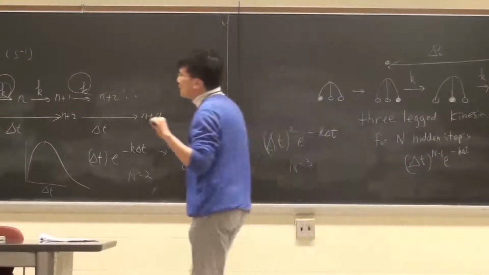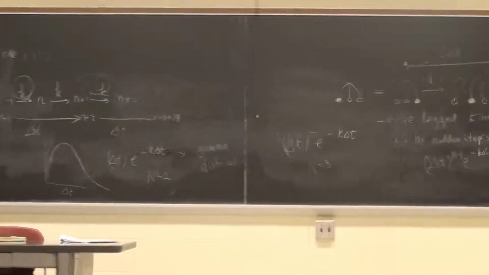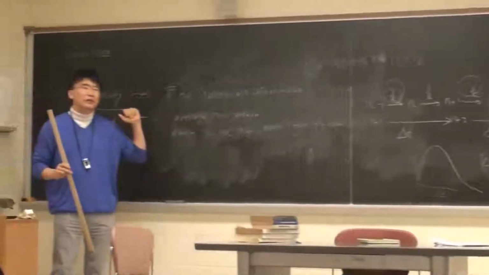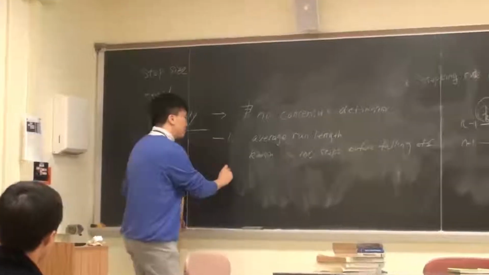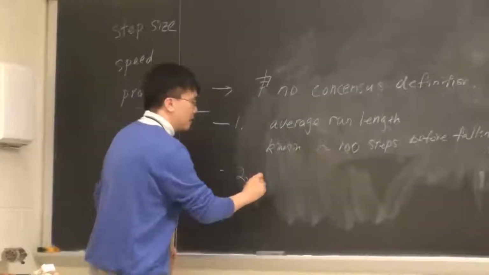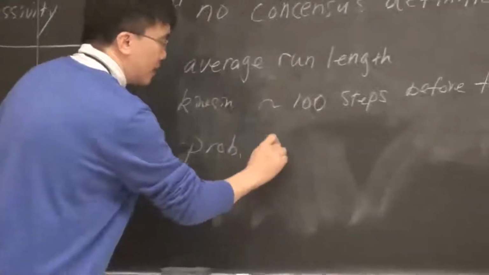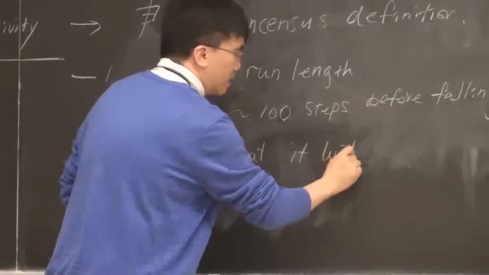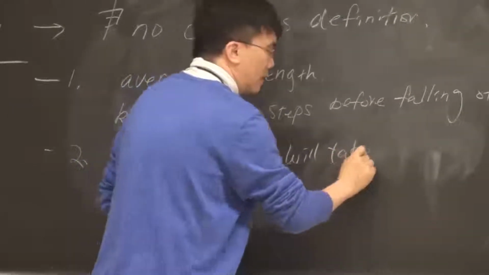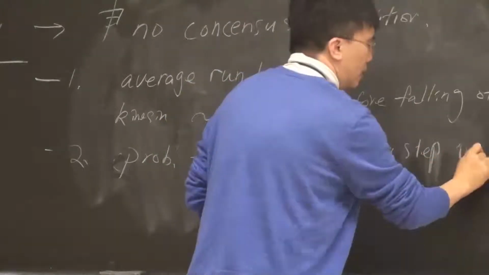All right, so that's one definition of processivity. People sometimes say the processivity of kinesin is 800 nanometers, but I would call that a pretty loose definition. Another, more rigorous definition is the probability that it takes another step instead of falling off.